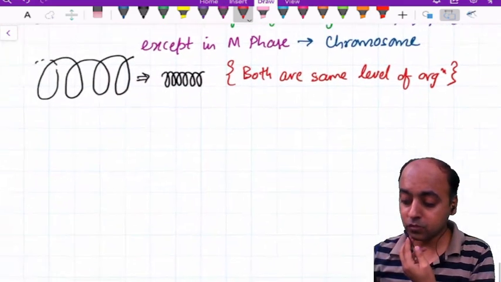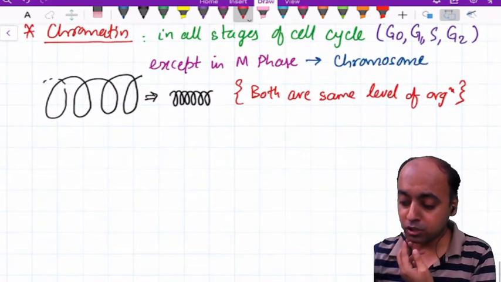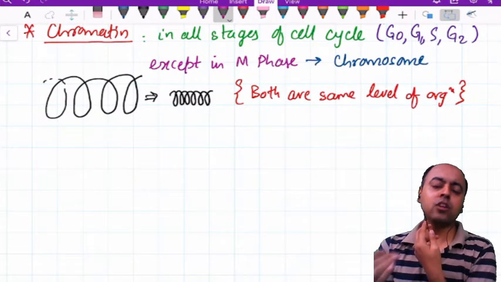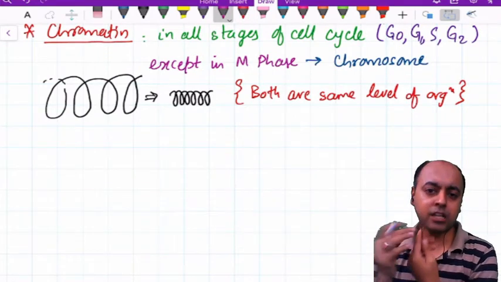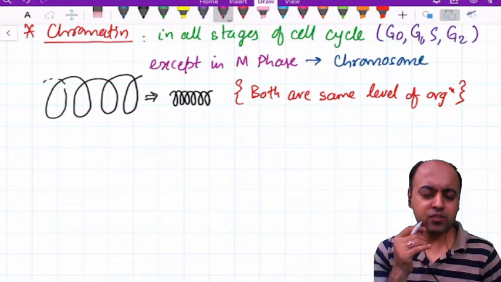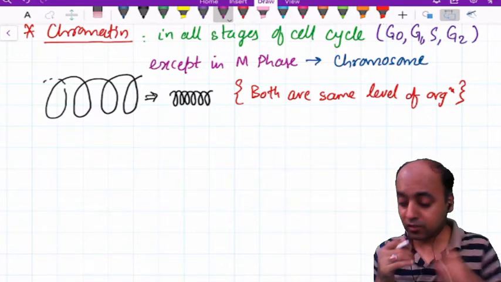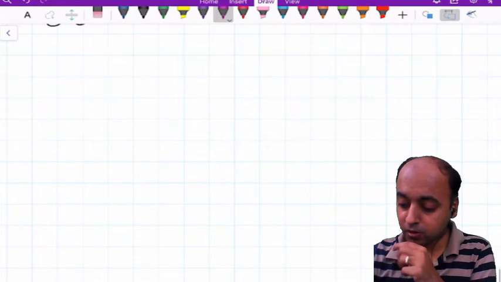Okay. So let's talk about the organization. First, I'll show you a flowchart of how the different levels of chromatin are there, and then I'll tell you the specific points about each of those levels.